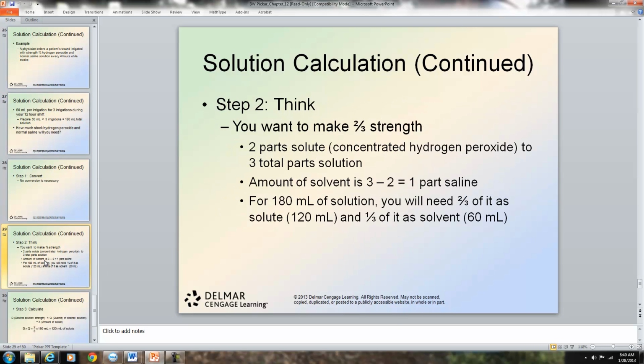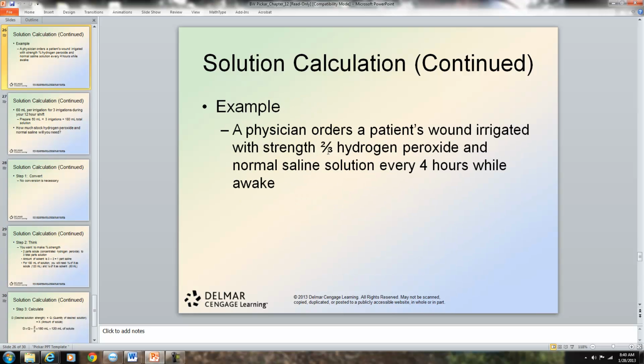Then we need to think back about what we're going to need. We are looking at 2/3 strength hydrogen peroxide. You have a 12-hour shift, so you're going to do this 3 times, every 4 hours.